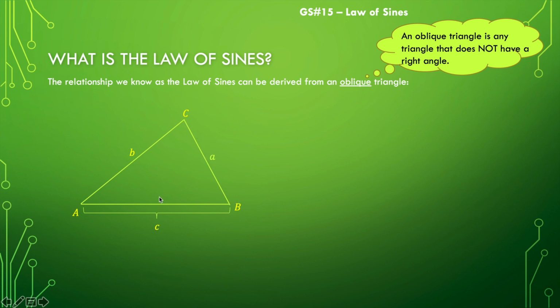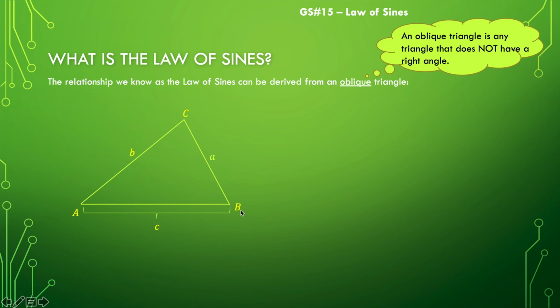That is true for all three of our side and vertex pairs, and that is convention. Even if it is not labeled that way, you can make that assumption. So we'll probably use that in a little bit.